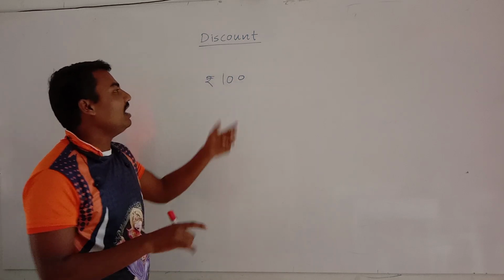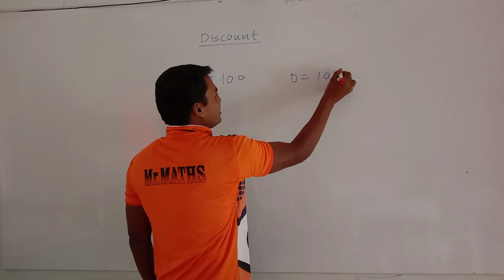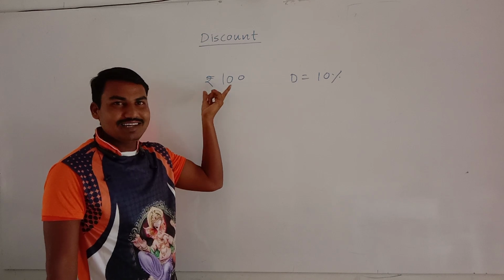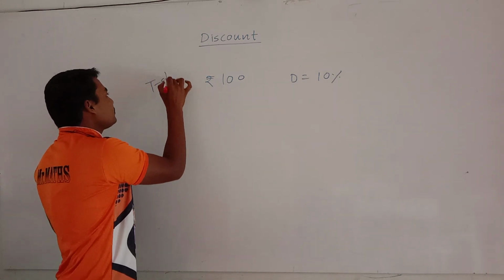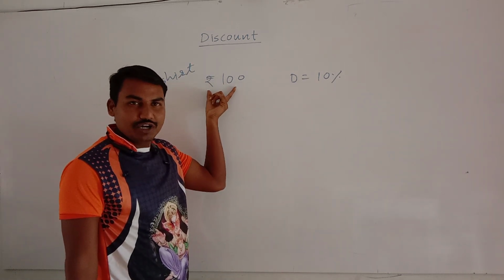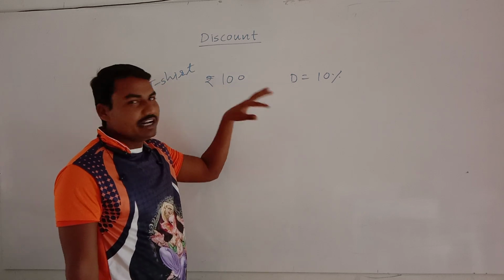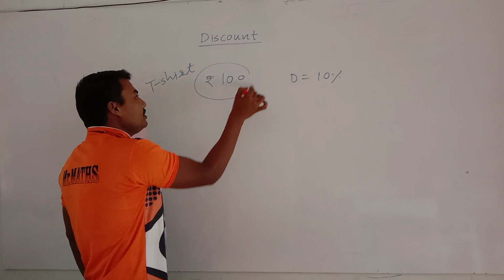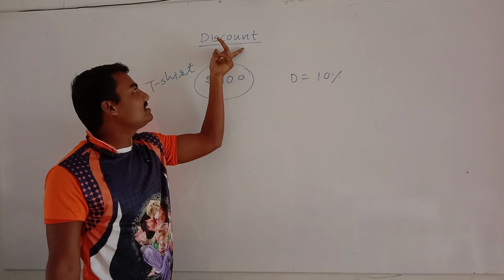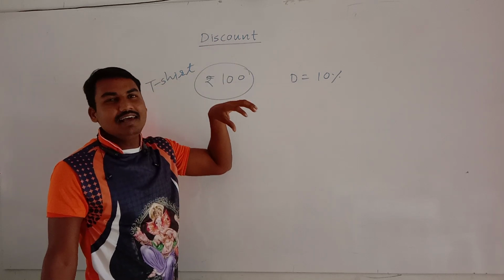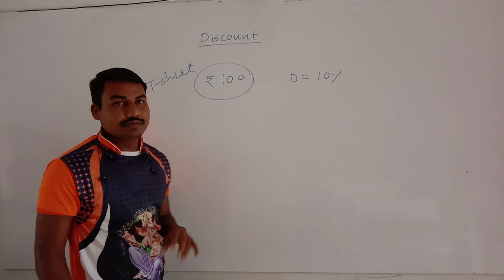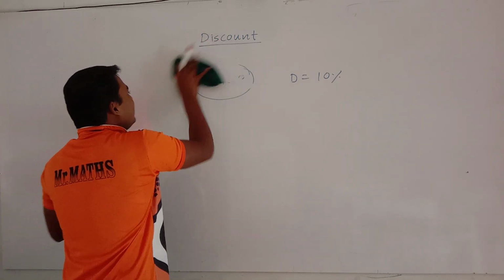If the shopkeeper allows a discount of 10% on your mark price, we have to reduce 10% of it from the original price and you give that money to the shopkeeper. मीन्स 100 रुपीज आप नहीं दोगे, 10% रिड्यूस करने के बाद देंगे. Discount means the price which is reduced from the original price. Now how we have to find the discount.